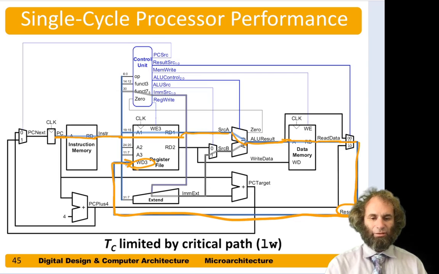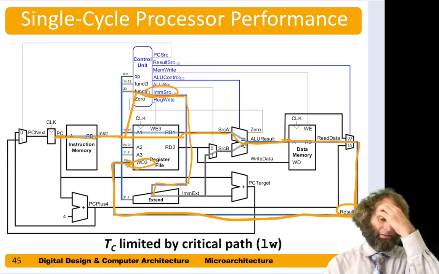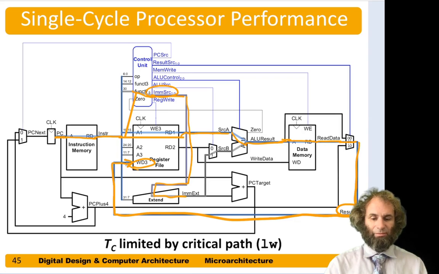Another possible critical path is one involving the immediate. So for the immediate, once we have the instruction, that goes into the controller, and we need to compute ImmSrc to say what type of immediate it is. Bring that value down into the immediate extender, and based on that we get out our immediate.